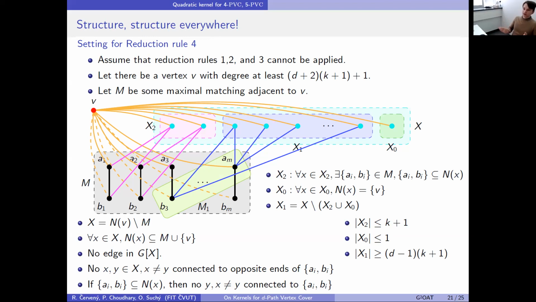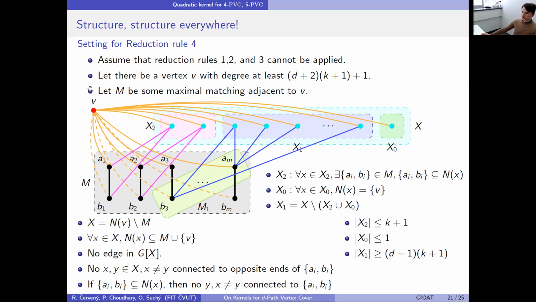So that means that for each vertex V, the maximal adjacent matching to this vertex V is of size at most k+1. So what we have is this vertex V, and we have some maximal matching adjacent to V. I should say that finding such a maximal matching can be done in polynomial time. It's no problem for us.